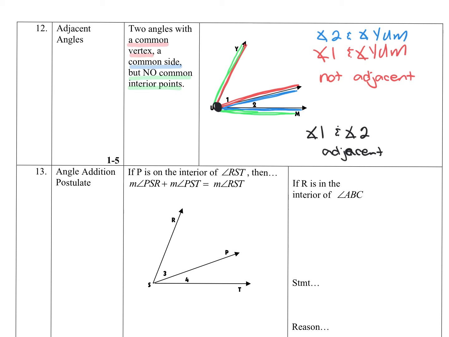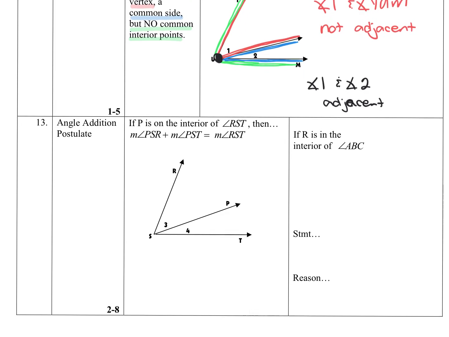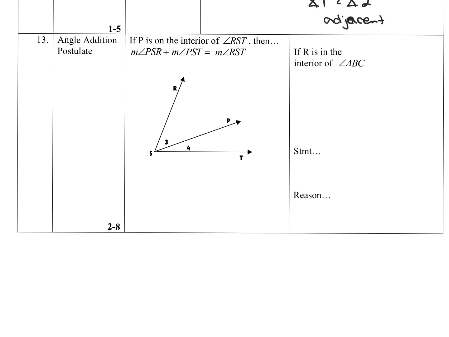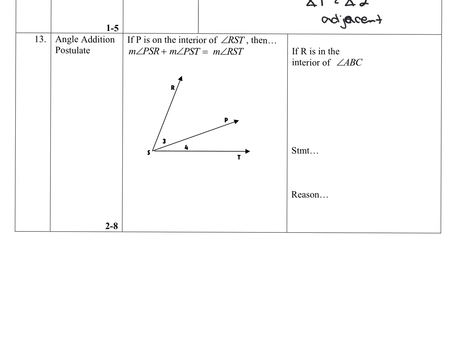Now, that being said, once we can identify adjacent angles, we can understand the angle addition postulate. And this is going to work just like segment addition postulate. So this is going to be very, very similar to the segment addition postulate, except it's going to be angles instead of segments. So just like with segment addition postulate, we're going to add together two angles.